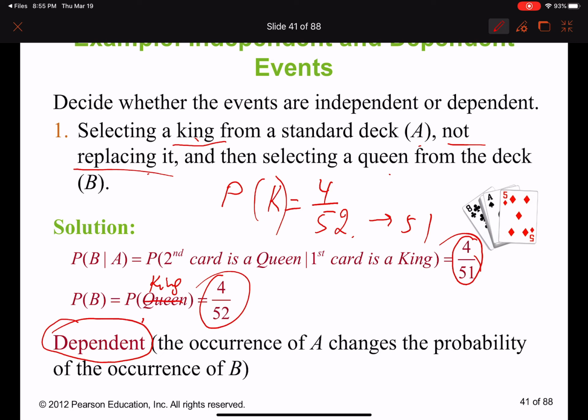If we wouldn't have selected the king and right away selected the queen, we would have 4 out of 52, right? Probability for the queen. But because we select the queen after selecting the king and not replacing, this event is going to be dependent.